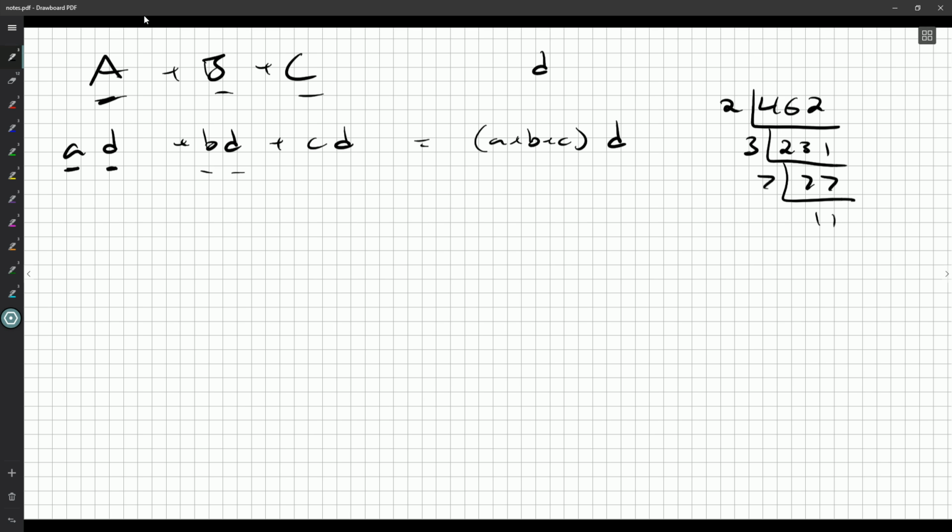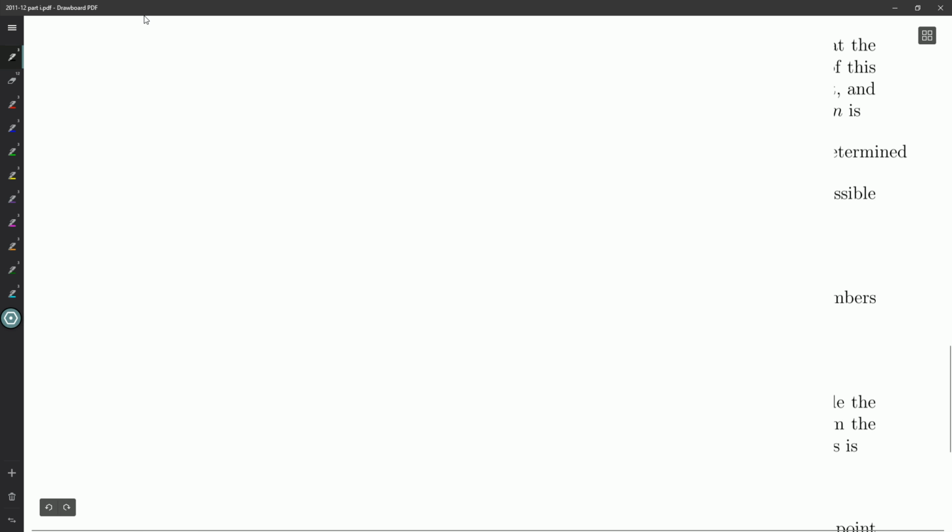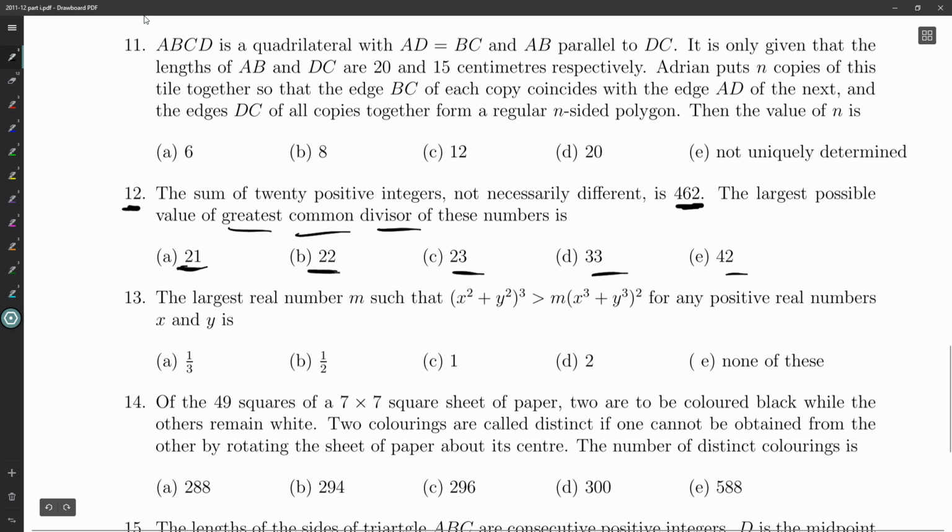There should be 16 of them, because we're really only concerned with the ones that we have presented. 42, well, that's 2 times 3 times 7. 33, that's 3 times 11. That's definitely a factor. 23, that's out. That's not possible, because 462 doesn't have any factors of 23. 22, yeah, that's 2 times 11, that's a factor, and 3 times 7 there as well. Okay, so we've eliminated C. C can't possibly be it.